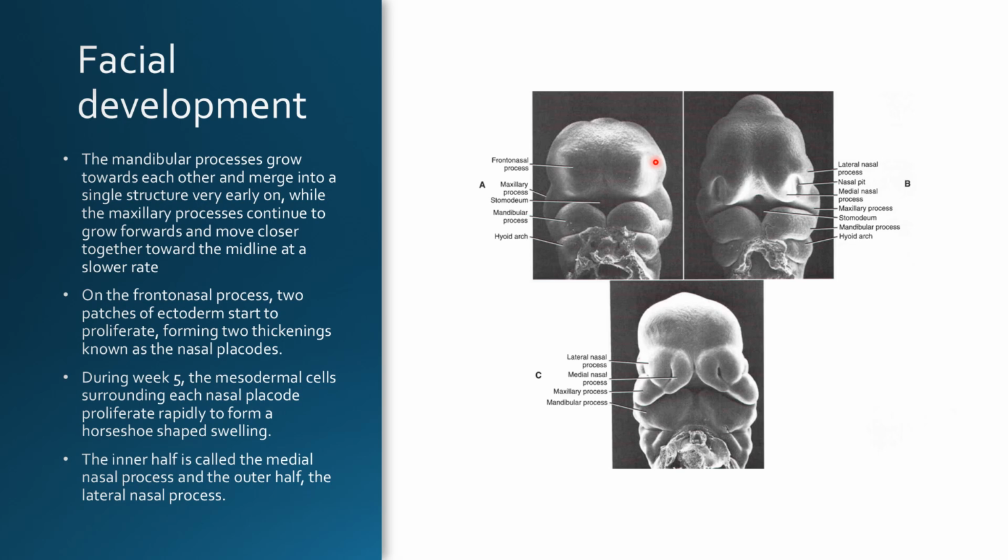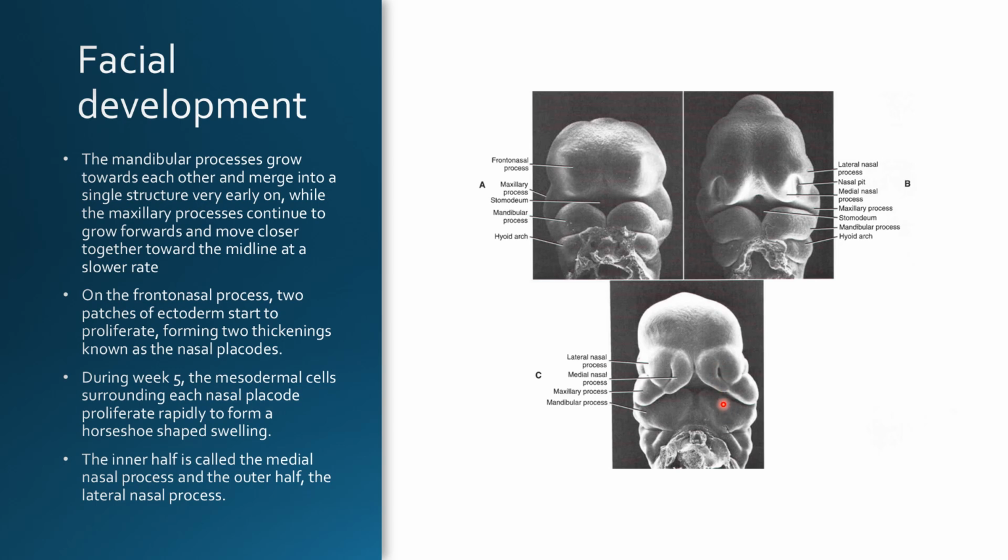Around the nasal placodes, cells will proliferate to make a swelling shaped like a horseshoe. The inner, medial aspect of this horseshoe is called the medial nasal process, while from the outside it is called the lateral nasal process, and in the middle the nasal pit is going to form.